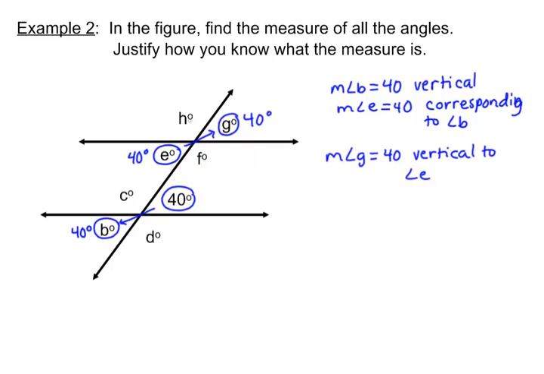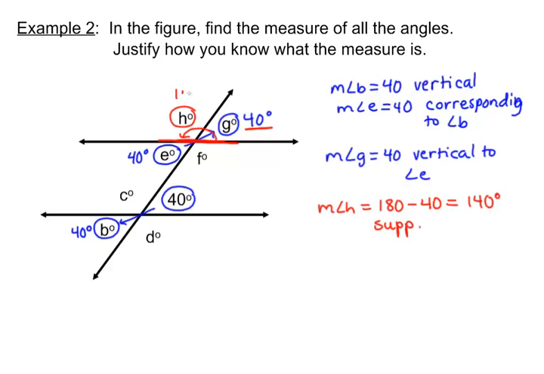Okay, now the rest of it's going to follow suit. If I wanted to find angle H, we know that we have 180 degrees right here. So H plus G equals 180. So the measure of angle H is equal to 180 minus our 40 degrees. So we have 140 degrees, and that's because it's supplementary.